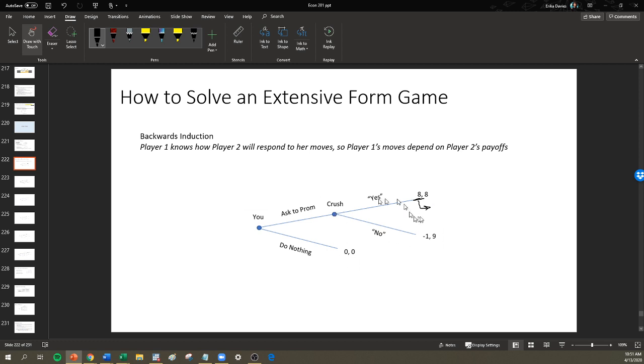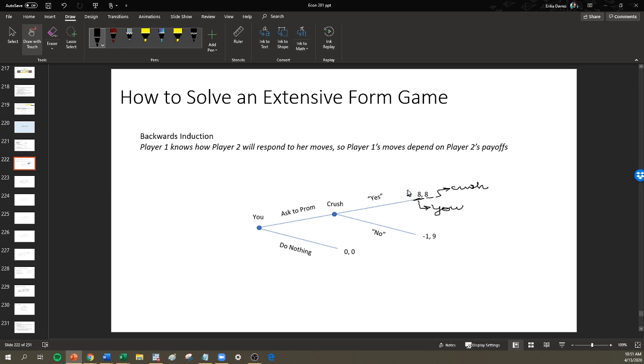So in this case, that's going to be you. So this is the utility that you get if we end up at this part of the game tree. And then the second number is going to be the utility that your crush gets if we end up on this part of the game tree.